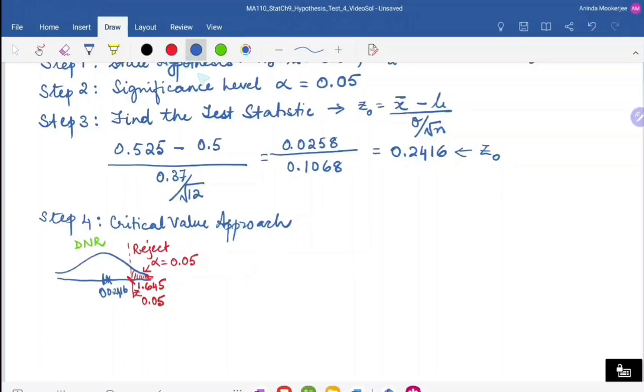So we have to state here first the critical value, the CV, is Z of 0.05, which is 1.645. And then we have to say that the test statistic Z sub 0 of 0.2416 is a value less than 1.645, and it falls in the do not reject region.